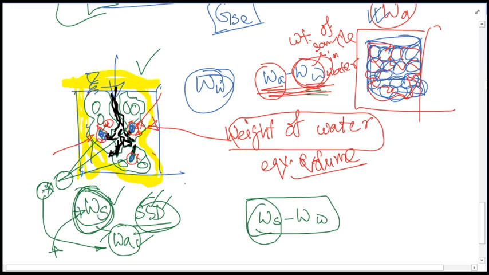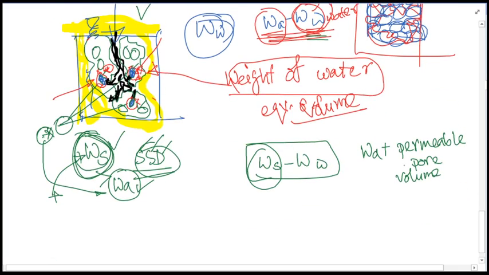So it includes WA with the permeable pore volume, and this WA means the solid aggregate portion and the permeable portion as well.